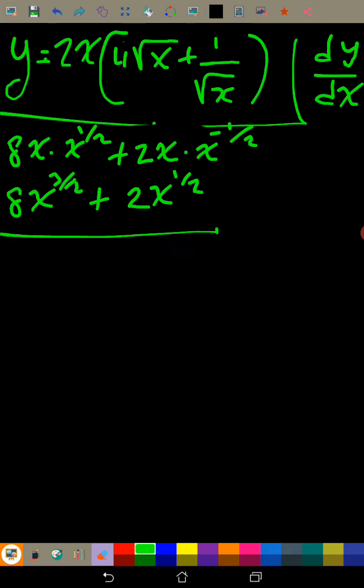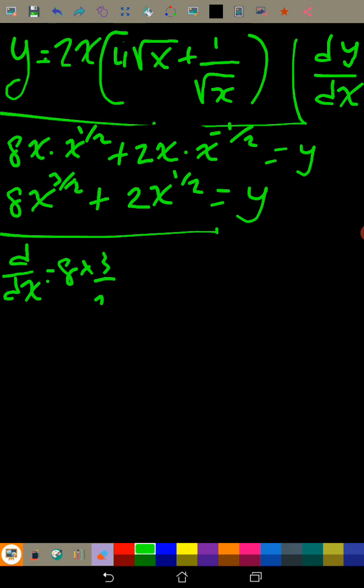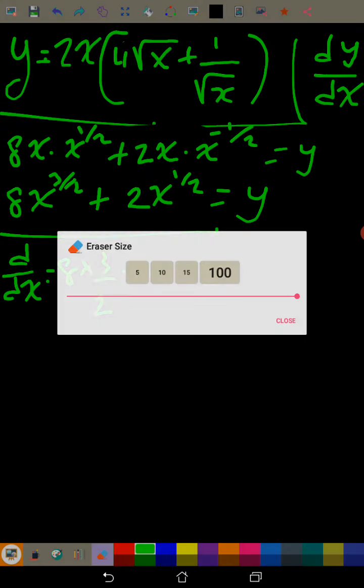Okay, I've come to something, this is equal to y. I've come to this simplified equation, and now we just have to do the dy by dx.